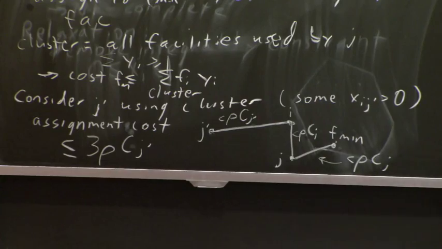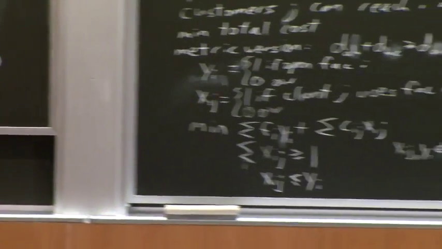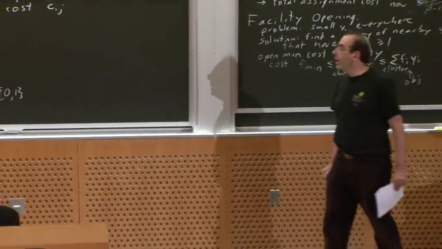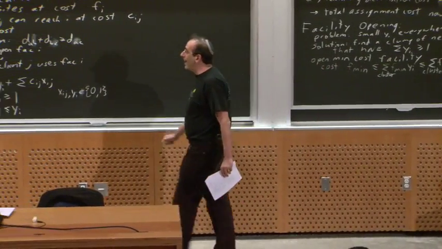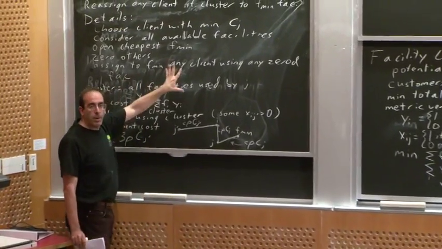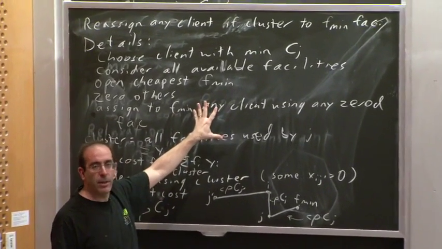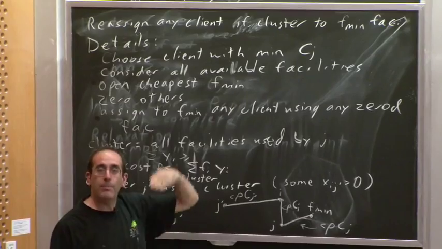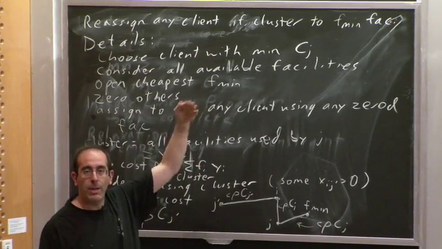Yes? I'm a bit confused about when we're passing into integrality here. We're passing into integrality right now, right? Because here is where I'm saying pick a particular node and pick a particular facility, open it. So that's passing to integrality. That's making a yi be integral.